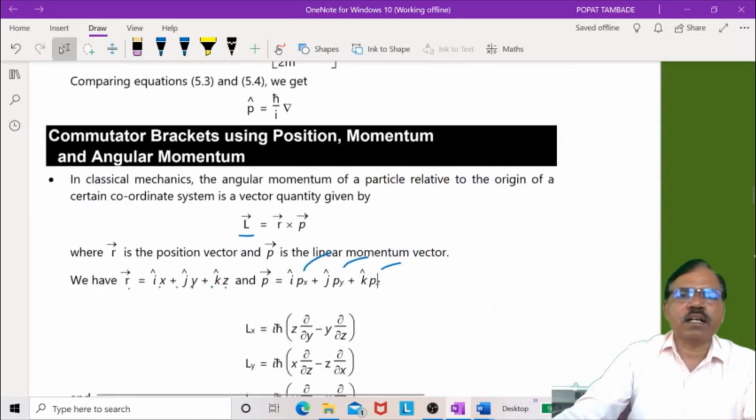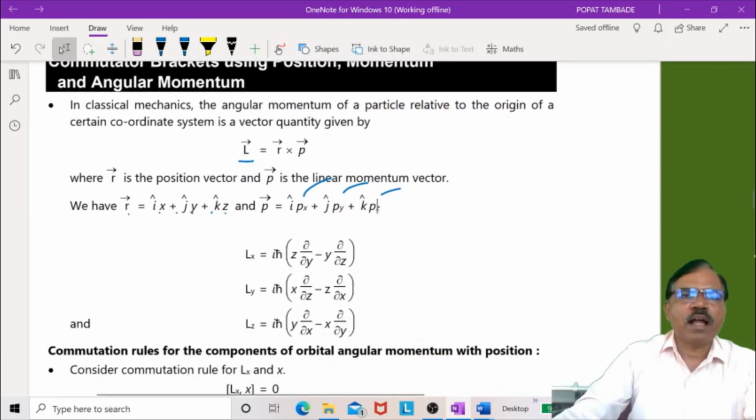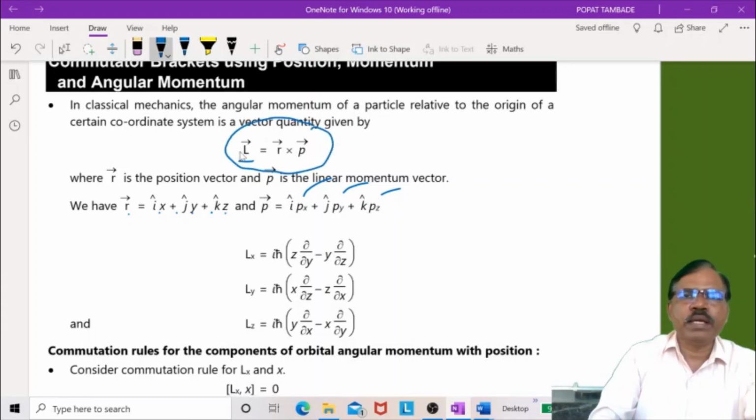If we use those components and r in this equation, we get L, that is i times Lx plus j times Ly plus k times Lz.